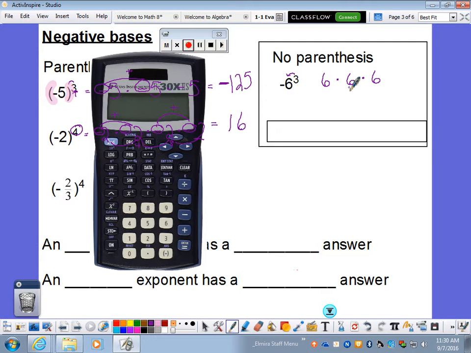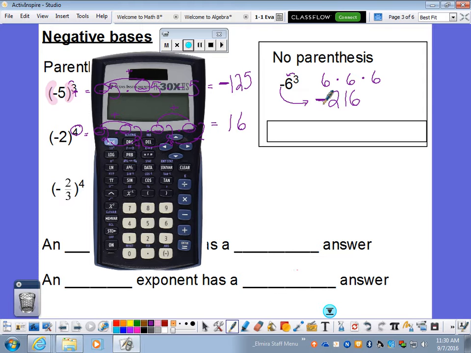6 times 6 is 36. 36 times 6. I know this, but I forget. 216. And then bring the negative sign down. But you don't type it into the calculator with parentheses.